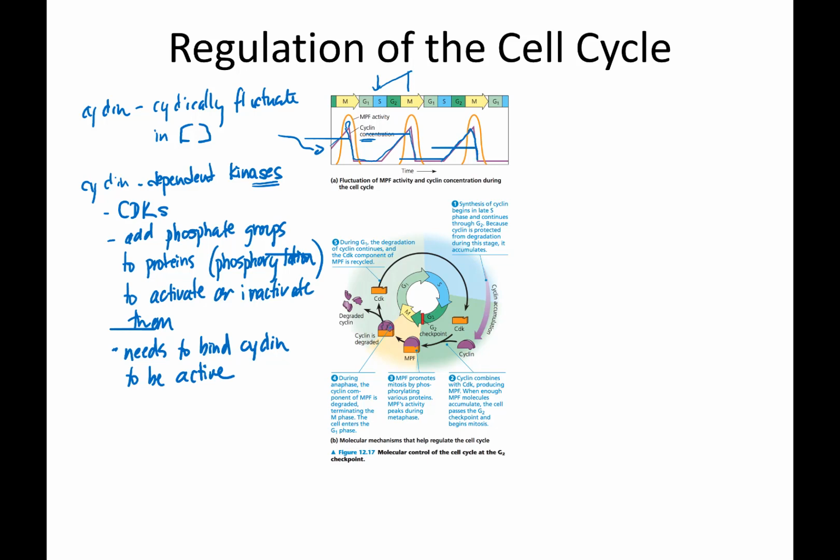And here, during the G2 phase, cyclin is now accumulating, and it's going to bind onto the CDKs and create what's called MPF. It's called a maturation promoting factor.